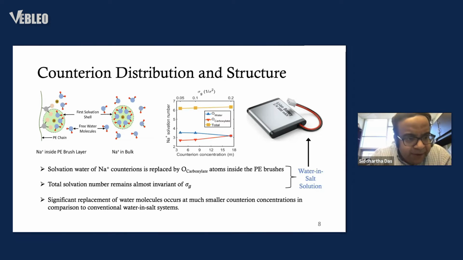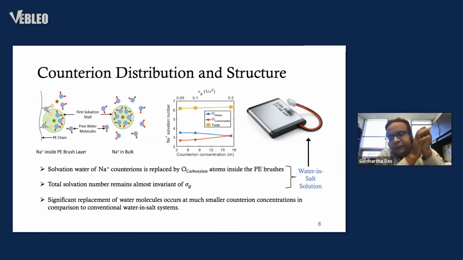There's nothing to do with lithium-ion batteries, but this principle of some of the water molecules from the solvation shell of a small cation getting replaced by a large anion is also what we find here. I will give a more categorical explanation. Imagine this brown ion is your lithium, is your sodium ion, which is screening the polyelectrolyte brush charges.